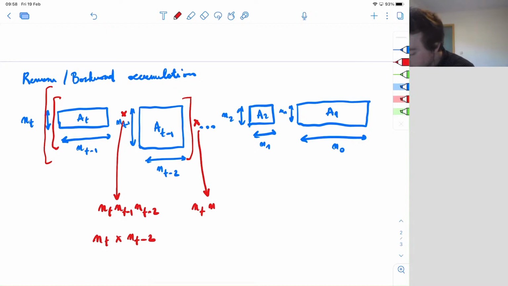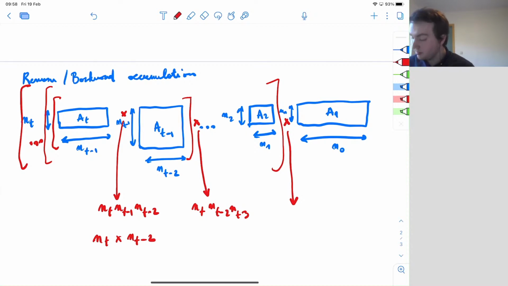We would have to do that a bunch of times until we arrive here and compute the last one, the last product, which would have a complexity of nt times n1 times n0.